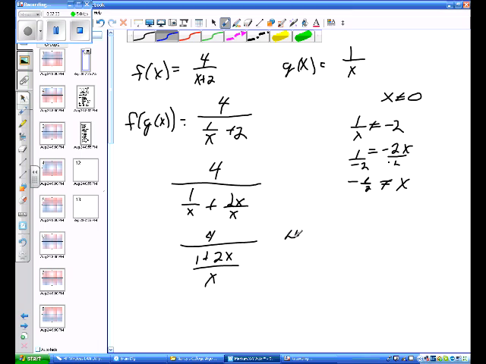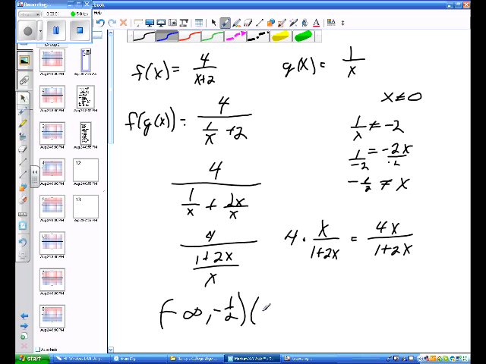So this is going to be 4 times x over 1 plus 2x, which gives us 4x over 1 plus 2x, provided that our domain is from negative infinity to -1/2, and from -1/2 to 0, and from 0 to positive infinity.